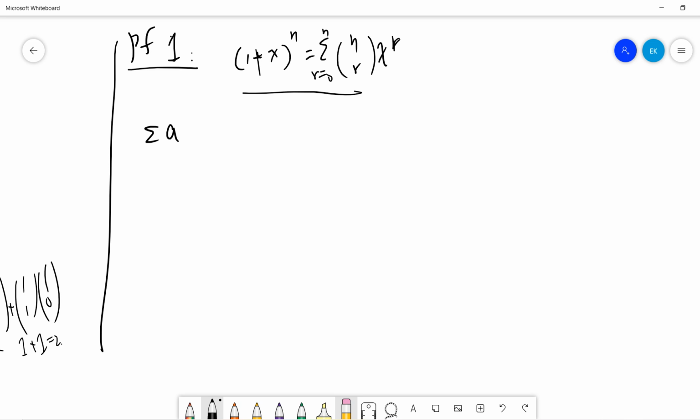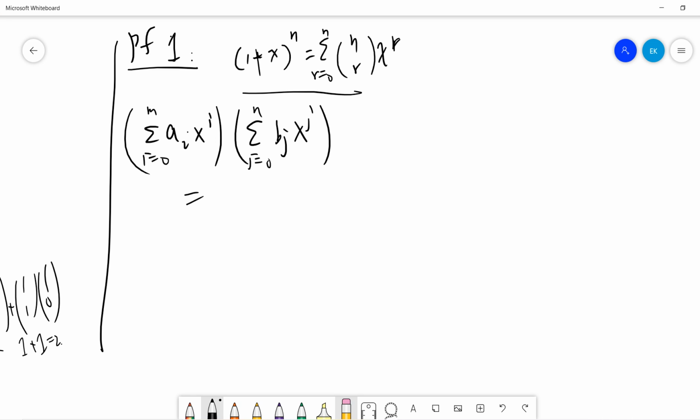Another identity: if you have two polynomials, the sum of a_i x^i for i from 0 to m and the sum of b_j x^j for j from 0 to n, and you multiply them, it becomes the sum over r from 0 to m plus n, with coefficient the sum over k from 0 to r of a_k b_(r minus k), times x^r.